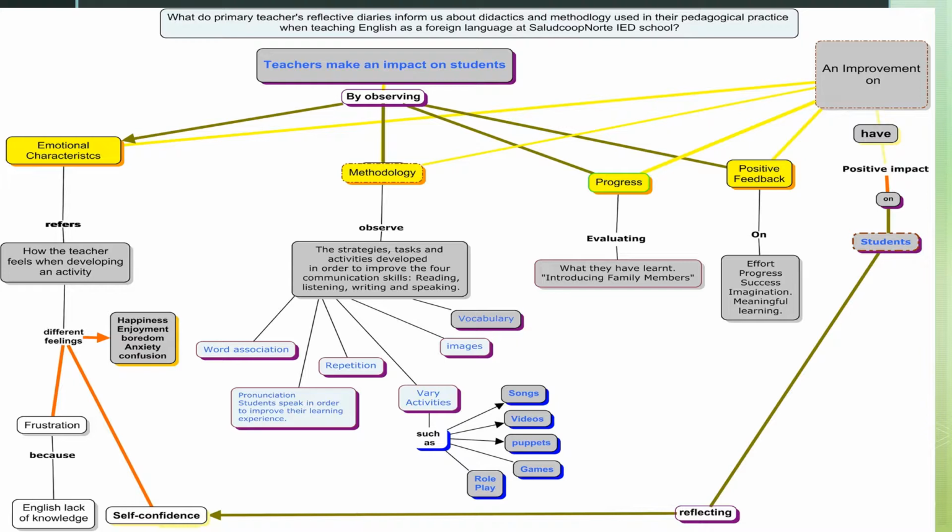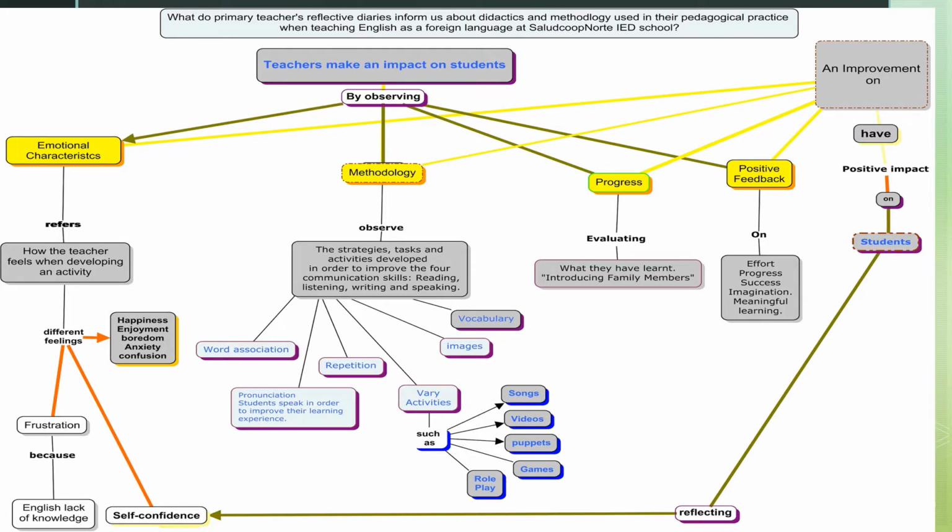After they change and try to improve their methodology, they could see their progress by evaluating what they have learned, and there is evidence in the activity called introducing family members. They were having positive feedback on their effort, progress, success, and meaningful learning.